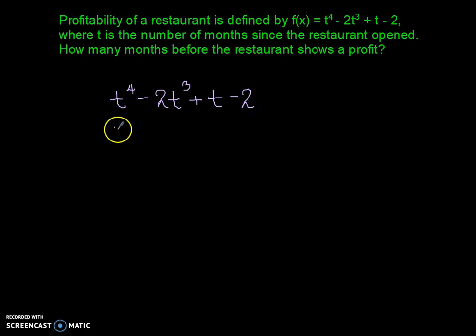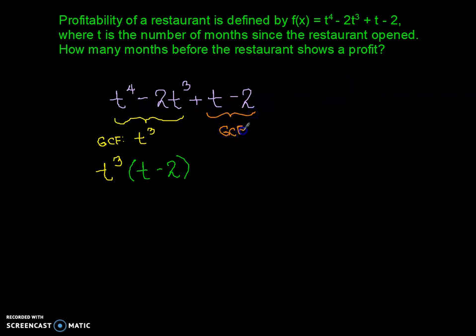But just to show you algebraically what happens, I'm looking for marker points. And since there are 4 terms here, the GCF between these 2 terms is t to the third. So if I factor that out, I'll be left with t minus 2. And between the next 2 terms, the GCF, well, technically is 1.